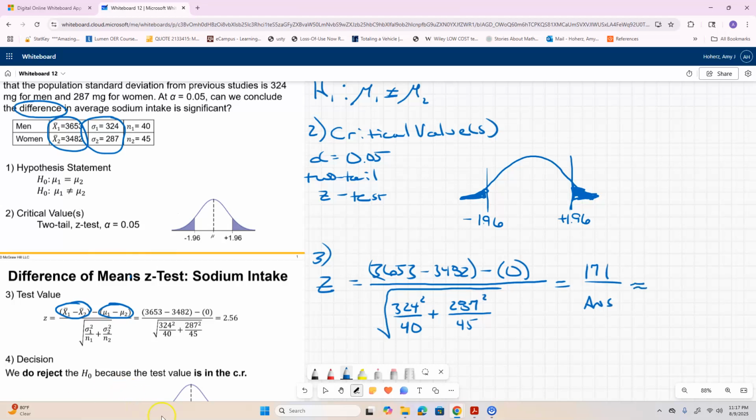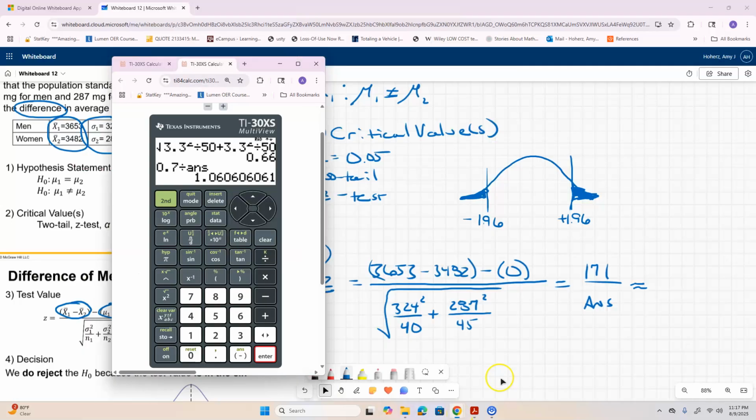So we've got the square root of 324 squared divided by 40 plus 287 squared divided by 45. And that gets us the 66.7.